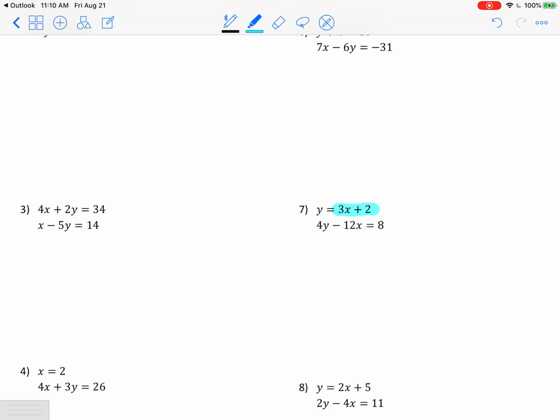It's telling us that y is equal to 3x plus 2. Therefore, I can go to my other equation and plug that expression in for y so that I can solve for x. So I'm going to take my 4, and instead of y, I'm going to be putting my 3x plus 2 in there.